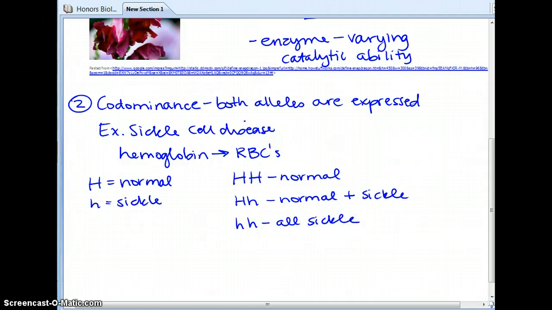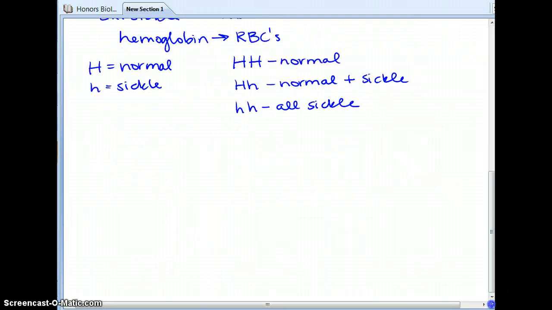Hopefully that gives you an idea that codominance is really about both alleles being expressed, and that's different from incomplete dominance, where neither allele is dominant over the other. That's the big difference. Codominance, think of co-chairs, both are dominant. In incomplete, neither is dominant. So those are two classic examples of complex inheritance.